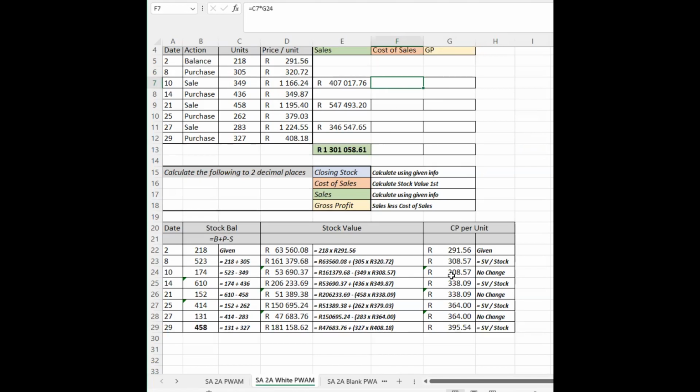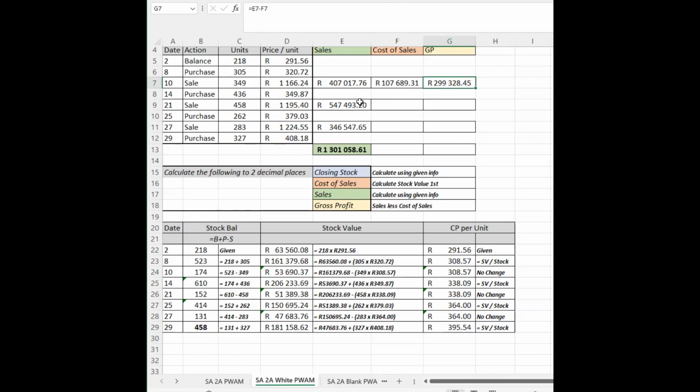So on the 10th, the cost price per unit that we used was 308.57. So if we multiply those two, we see that our cost of sale is 107,698, and then we can calculate the gross profit on that deal simply by taking the sales minus the cost of sales, giving us our gross profits.